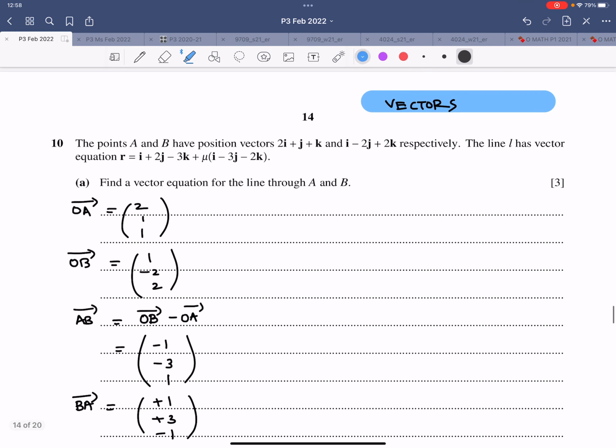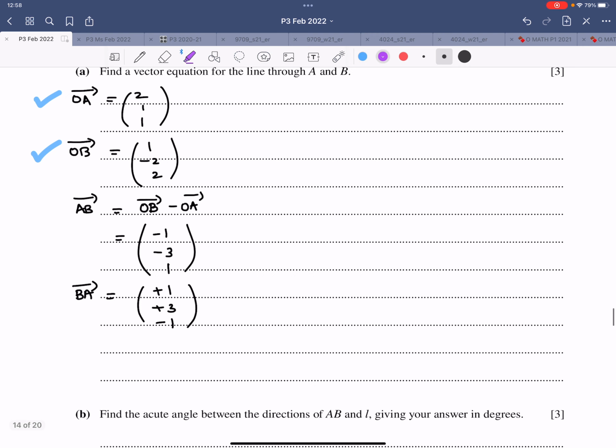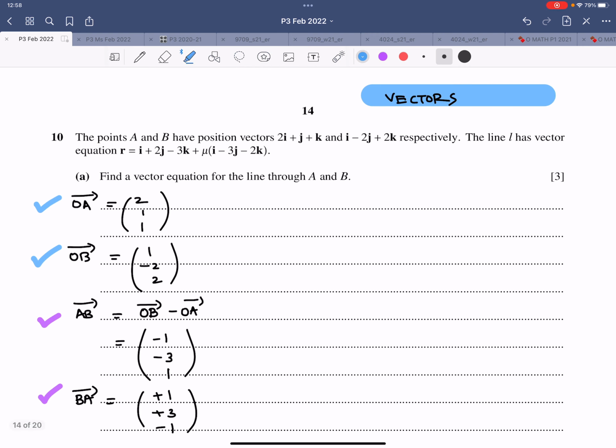So there are two options for the fixed point. There are two options for the direction vector. So this is the option for the fixed point, and the purple one is the thing for the direction vector. So now let me proceed.